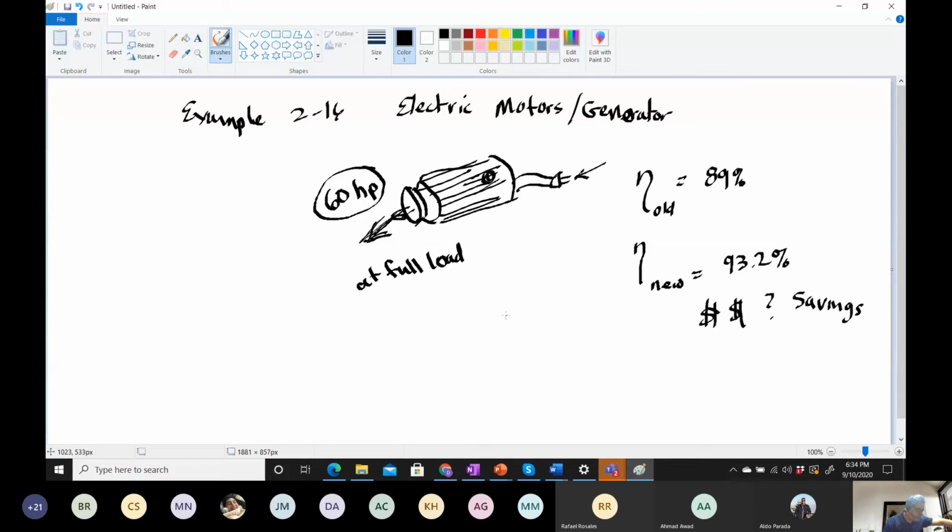So the problem states that currently electricity is costing us 8 cents. Your rate is 8 cents per kilowatt hour. That's how much electricity costs right now. And this is not really true.